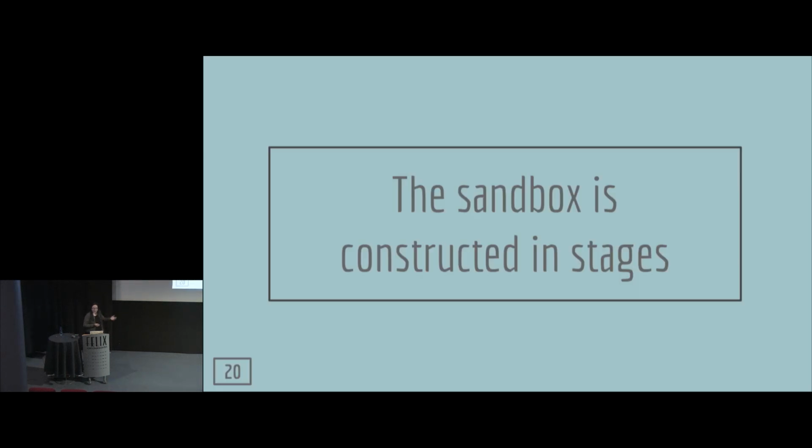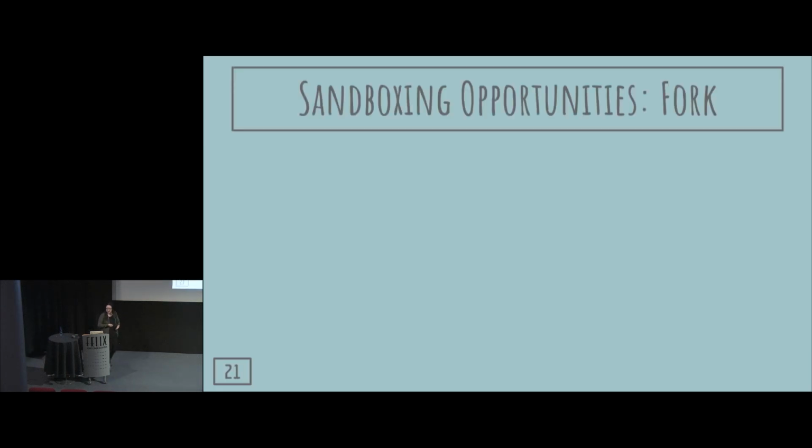Okay, so the sandbox itself is constructed in stages. To do that, you have to find opportunities where you can introduce these barriers. Especially, let's say that you're doing it for the render process, you want to make sure all of the barriers are in place before you start executing some kind of random code from the internet. So this is generally done at startup, as the process starts up and as it creates these child processes.